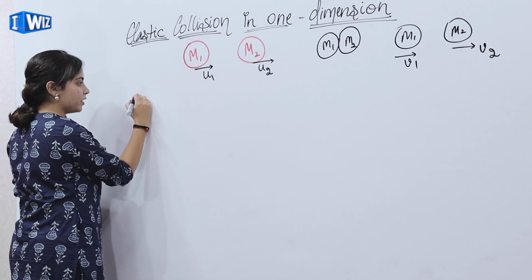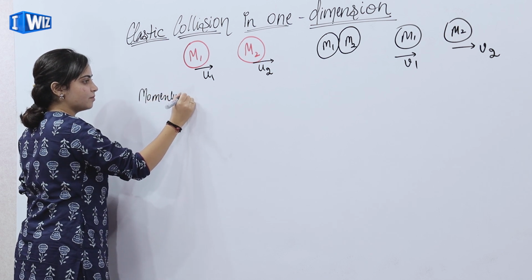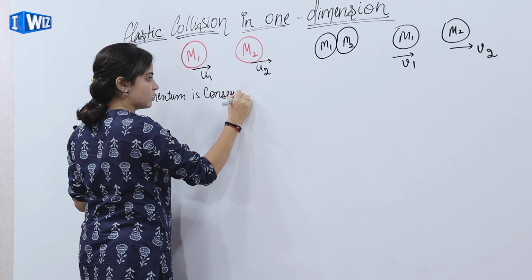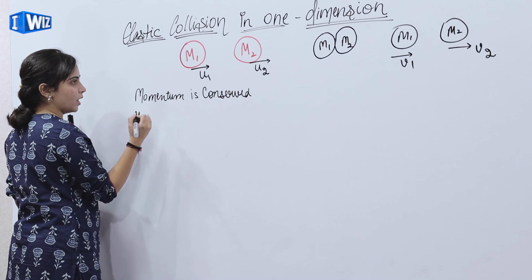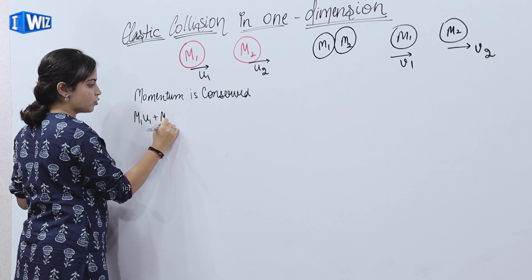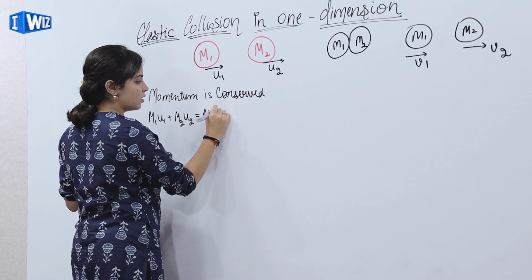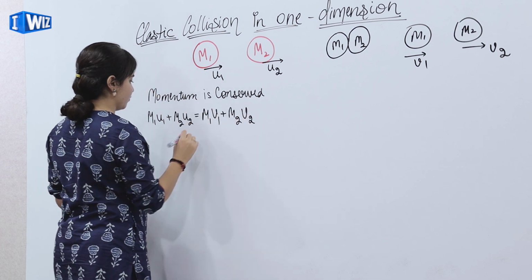So, as we know, momentum is conserved. So, m1 u1 plus m2 u2 is equal to m1 v1 plus m2 v2.